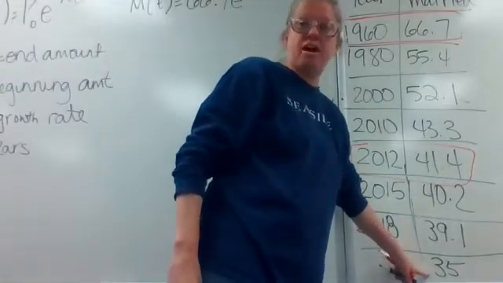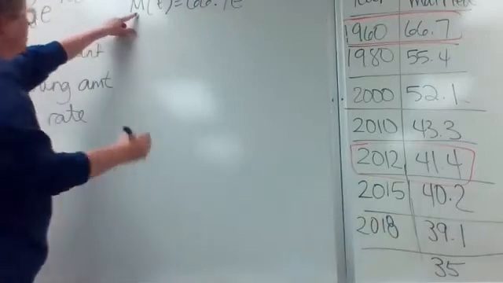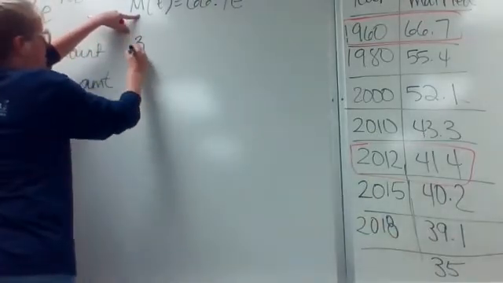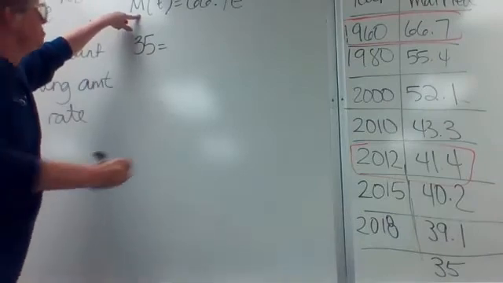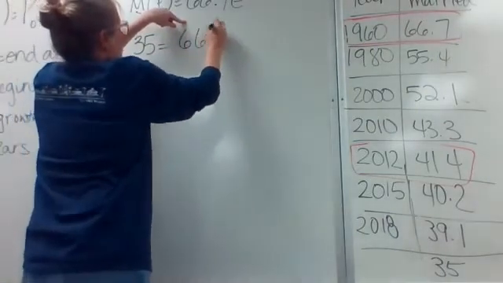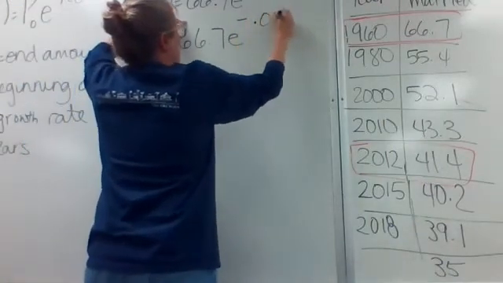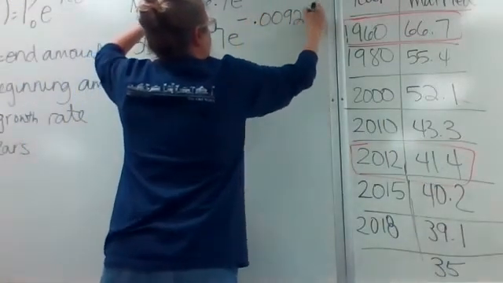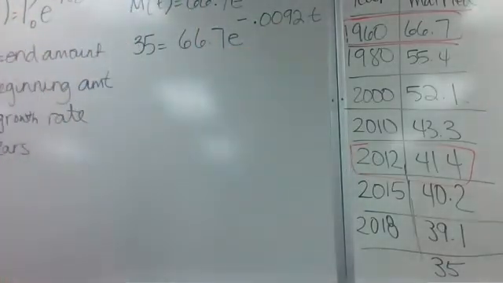It also tells me the end amount this time, where the end amount is what comes here. So there is 35% of adults married. 66.7 E to the negative 0.0092 T. T is what I'm looking for, the number of years after 1960.